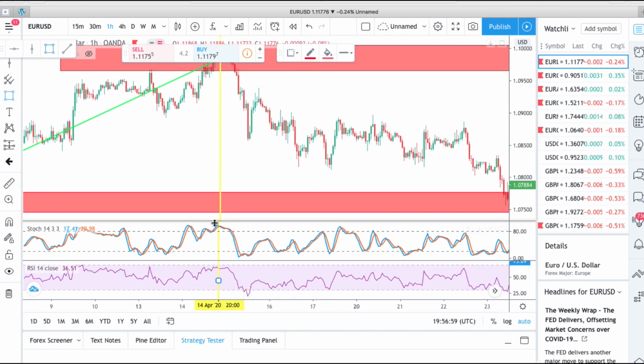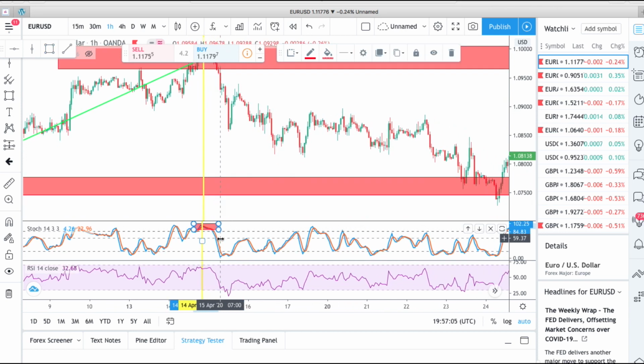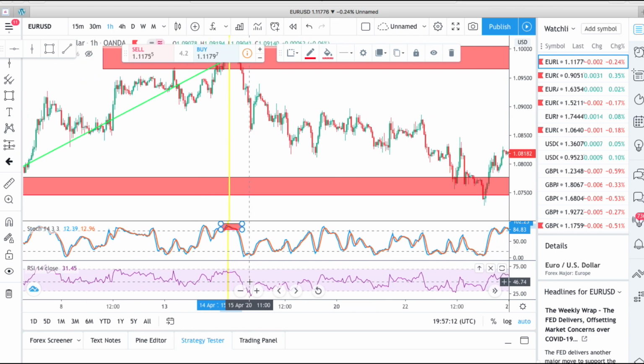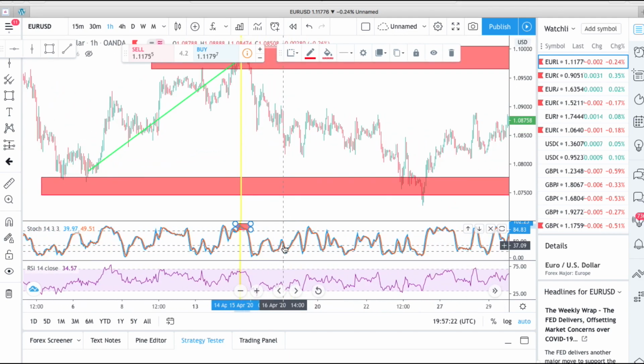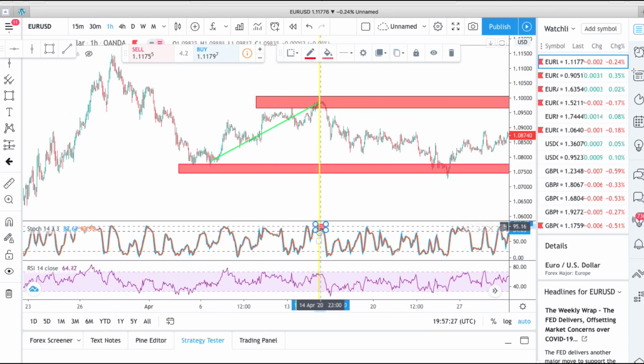So this area right here, price has broke above the range that it should stay in, and the stochastic is almost up to that area. So for us to wait on confirmation, the stochastic would also have to be showing overbought for us to say, okay, this is 100% true, the market will turn around here. The only thing we have here is a double confirmation. Price is at a resistance area and the stochastic is showing an overbought.